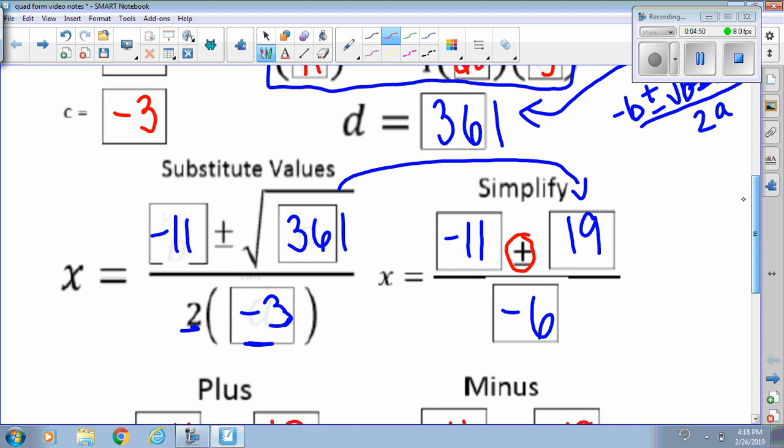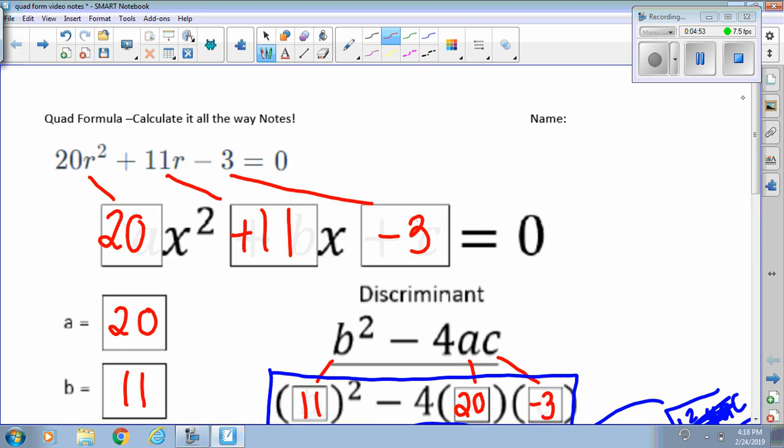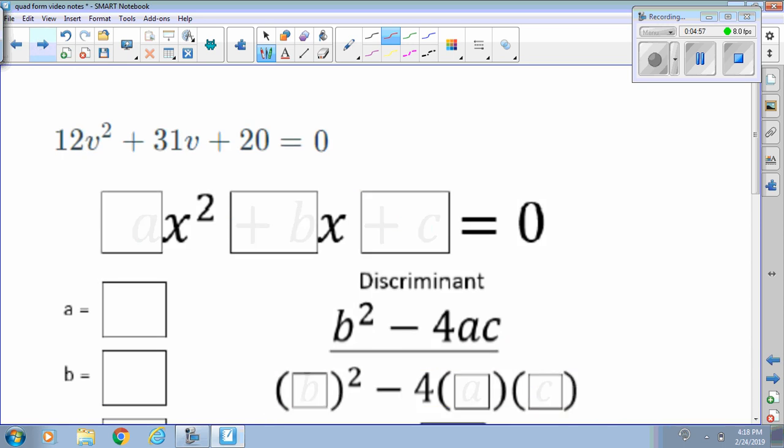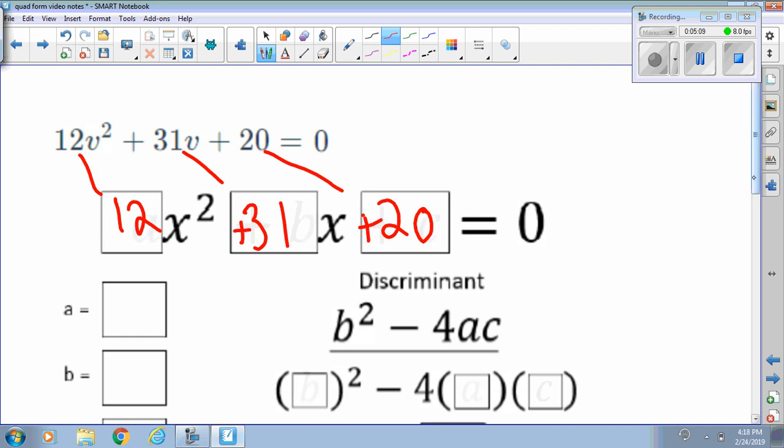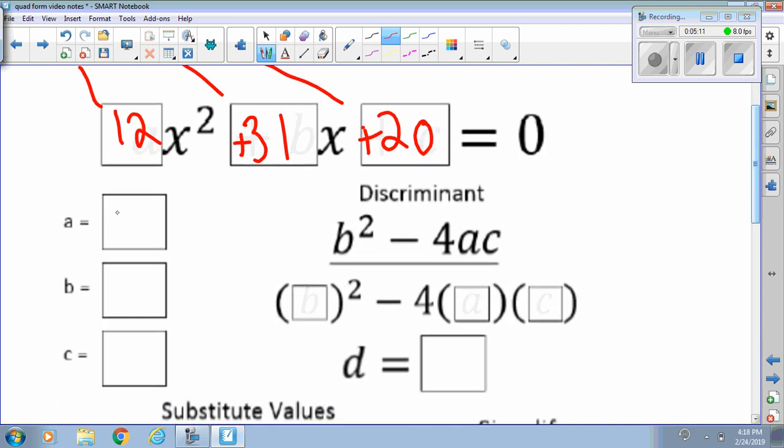All right. So now, let's do the next one. One more. So I'm going to go ahead and enter all of these. So 12, 31, and 20 are all pluses. Everything's positive. So then I'm going to put in my A is 12, my B is 31, my C is 20.